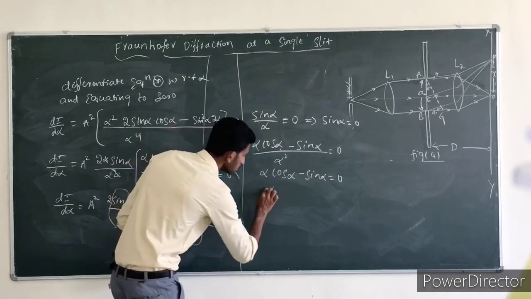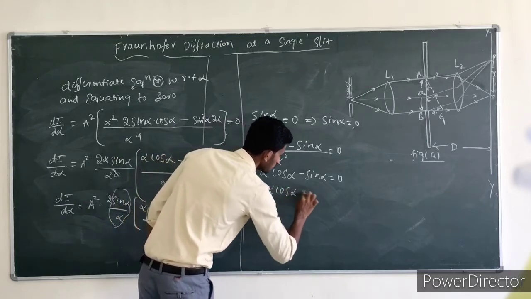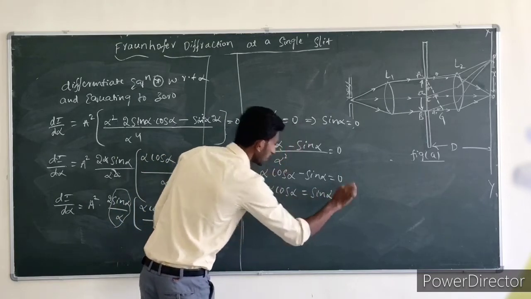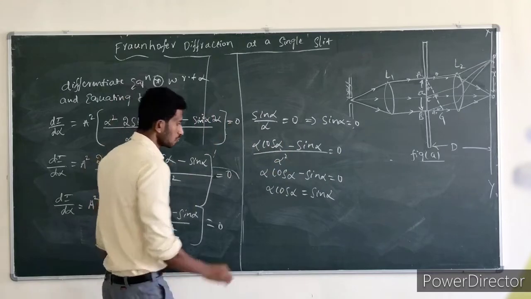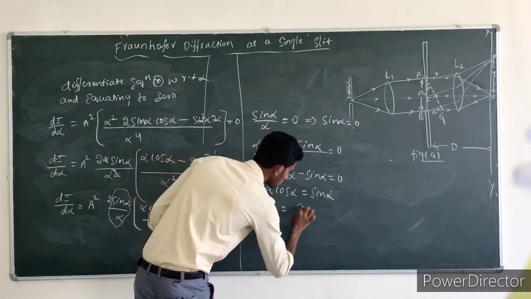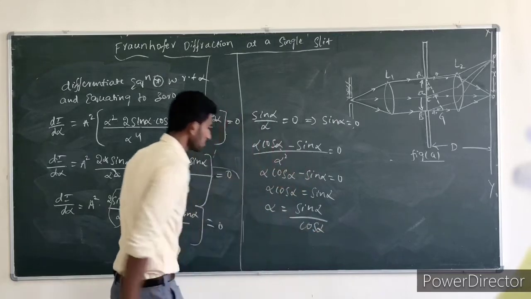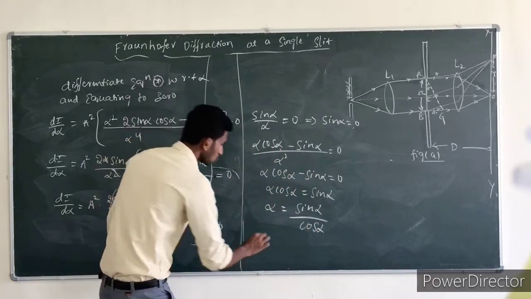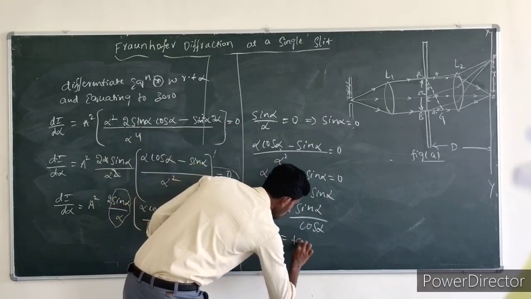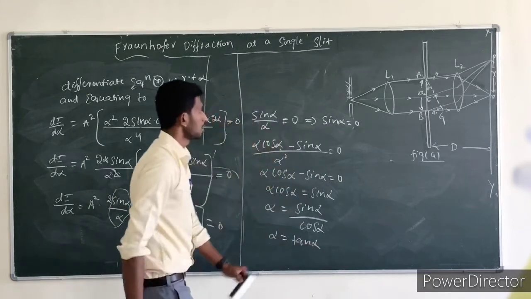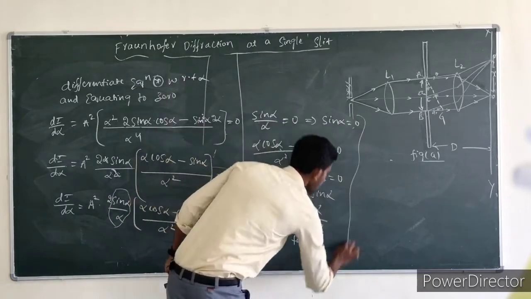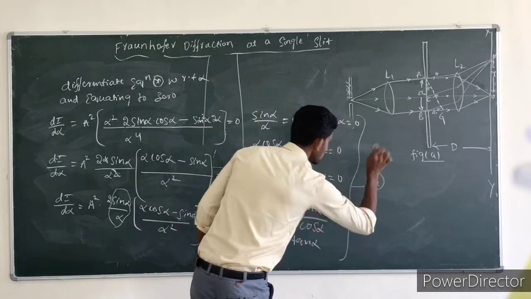So this can be written as alpha cos alpha is equal to sin alpha. So alpha is equal to sin alpha by cos alpha. So alpha is equal to tan alpha. We will call this entire equation as equation A.